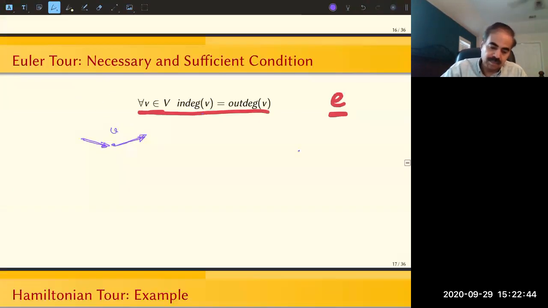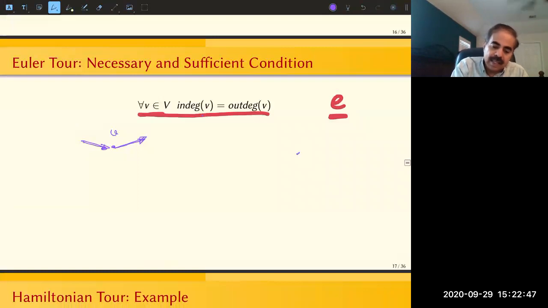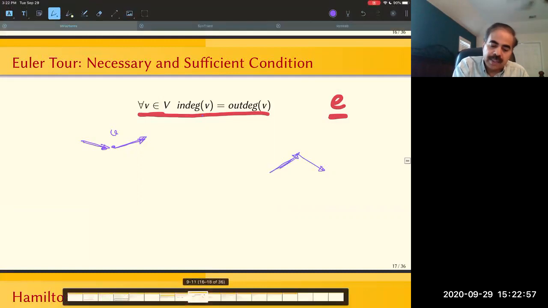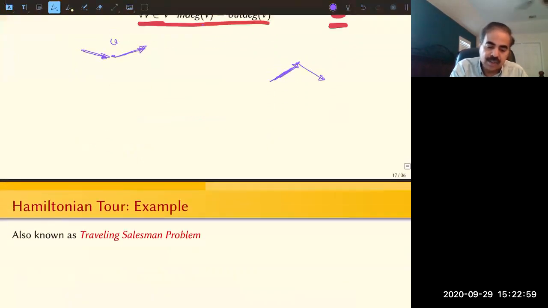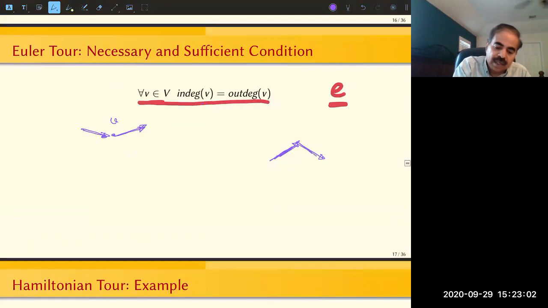So because think about this. You have a V, and let's say that you already traversed this edge, and you have traversed this edge, and then you're going somewhere in the graph, and then you come back here, right? So there must be a way to get out at this point, because you have come into the vertex V using two edges.